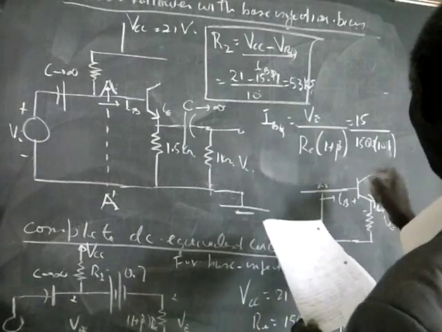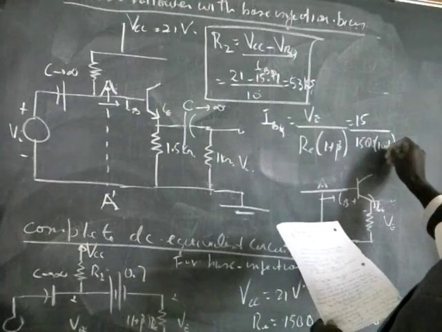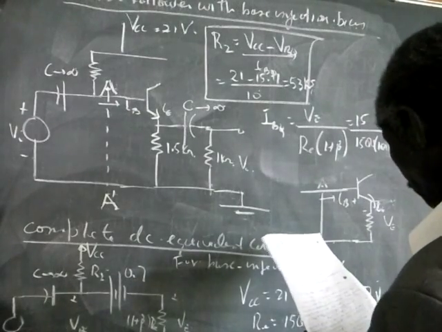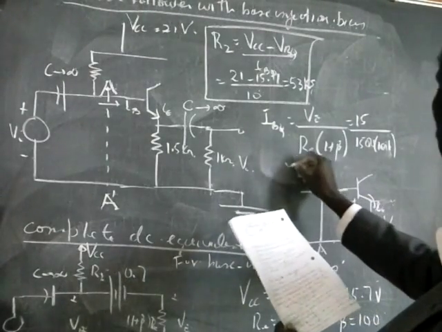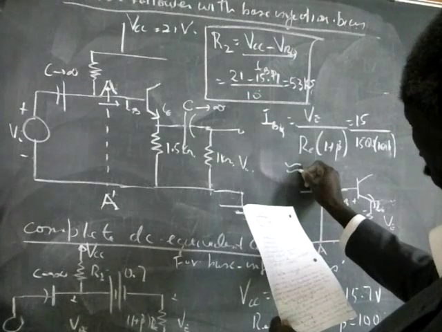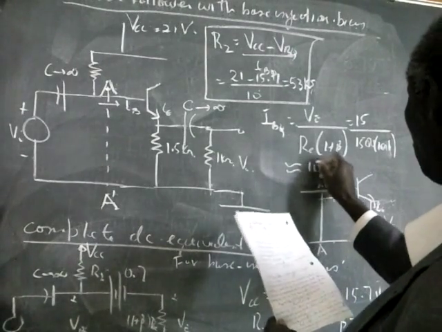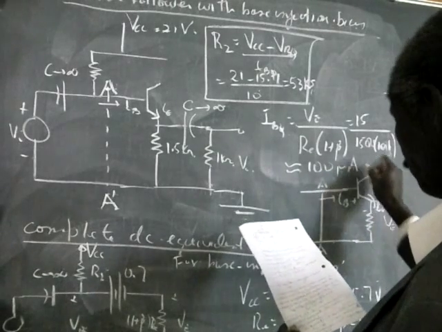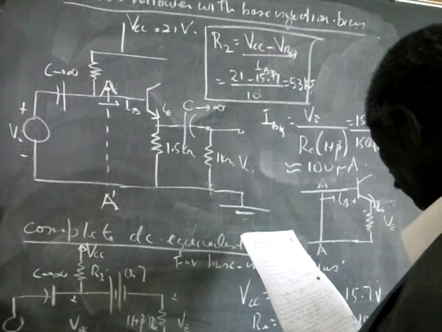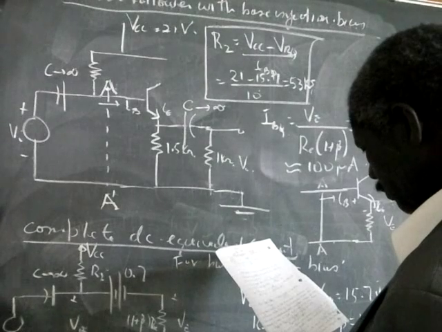So 1 plus beta, beta being equal to 100, this would be now 101. And that would be approximately equal to 100 microamps.